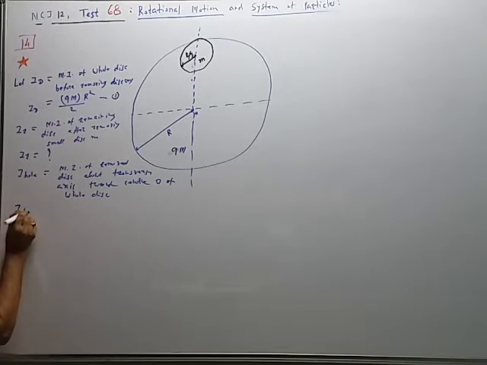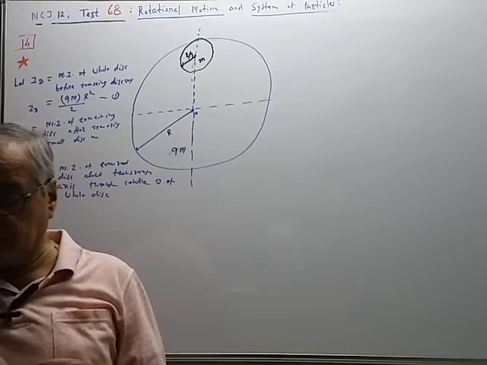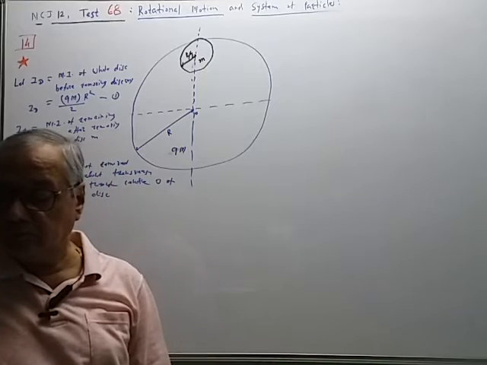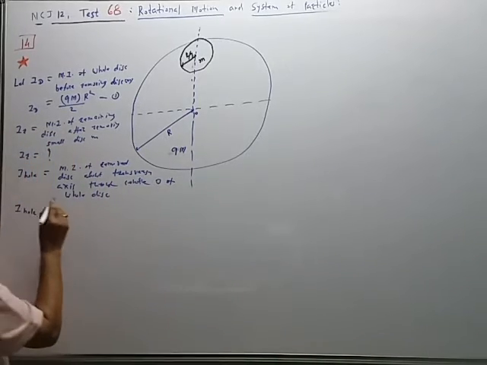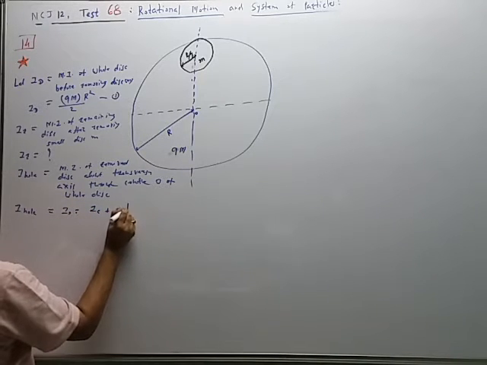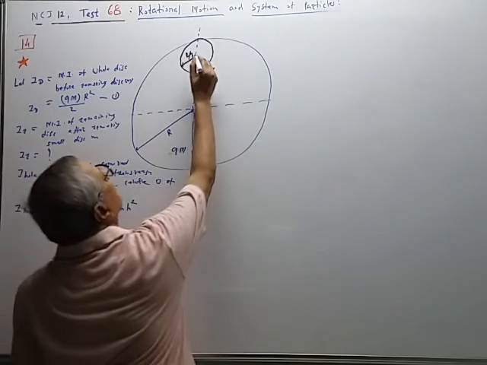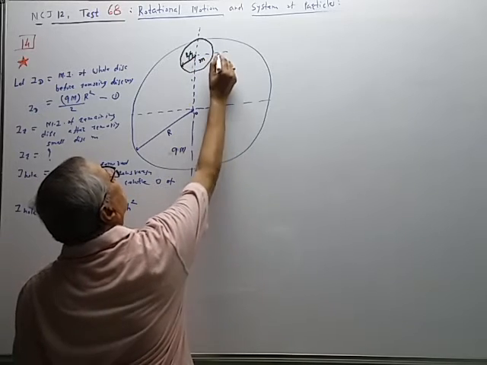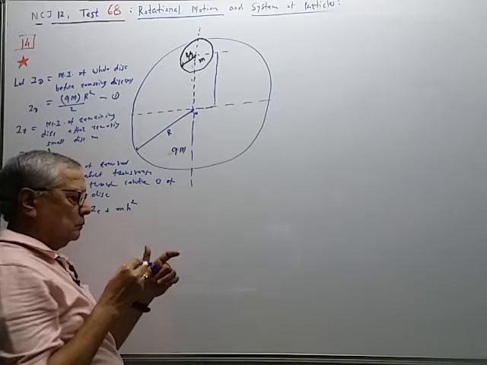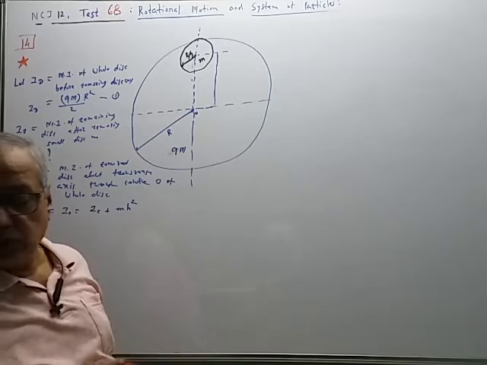Therefore, I removed is equal to IO, which is equal to IC plus M h square. This is the h. h is equal to 2R by 3.